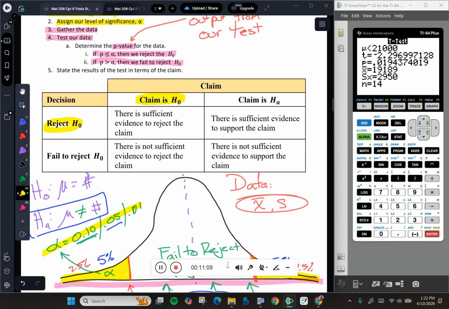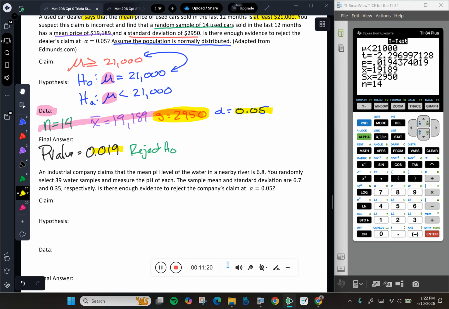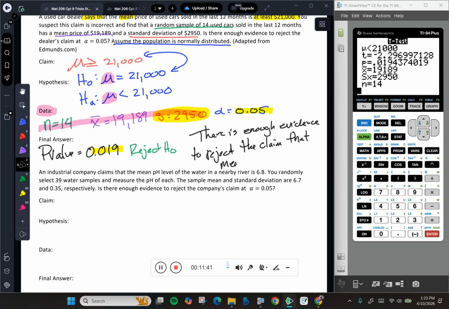So back down to here. And I am going to say then that there is enough evidence to reject the claim that the mean price was at least, let's see if I can get it right this time, 21,000.